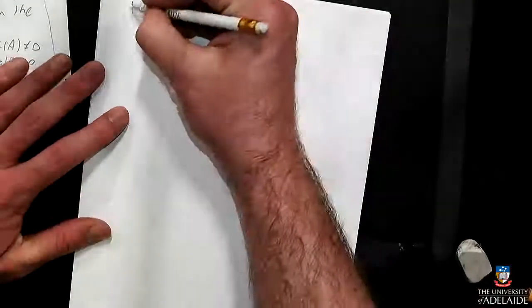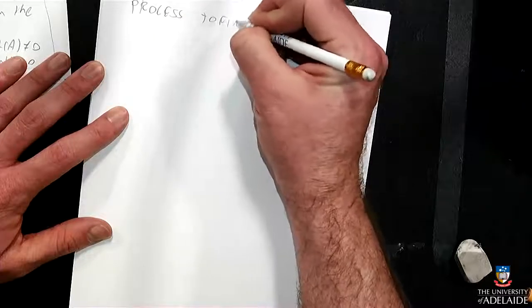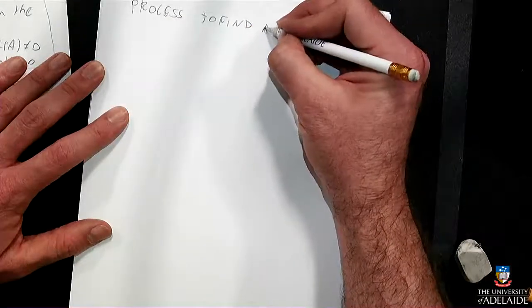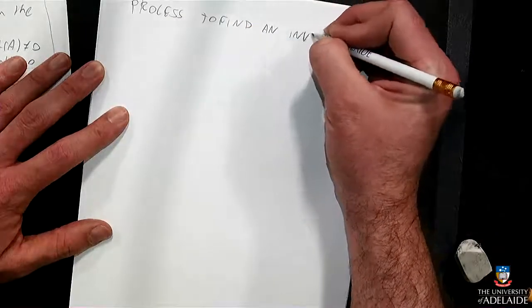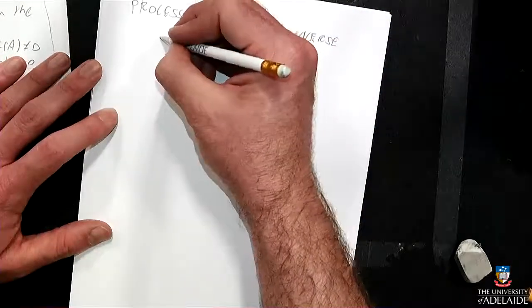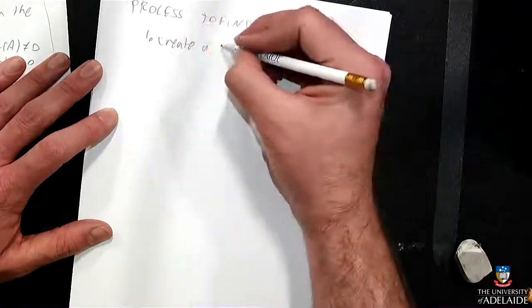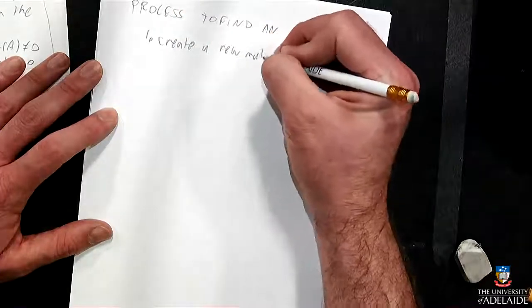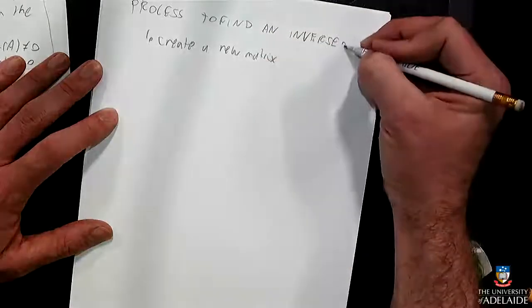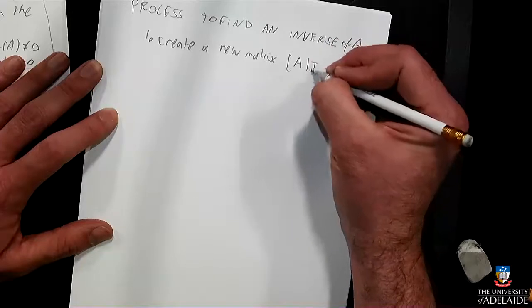So a process to find an inverse: 1, create a new matrix of A, a new matrix which is made by gluing together A and the identity.